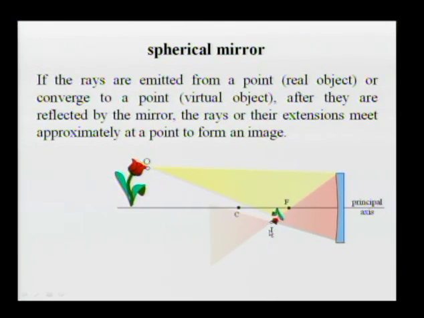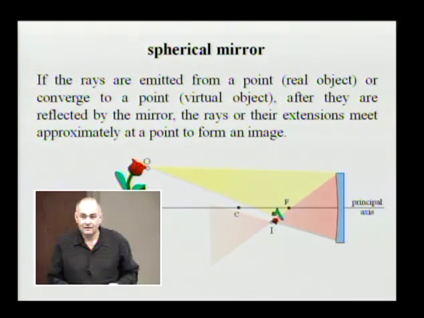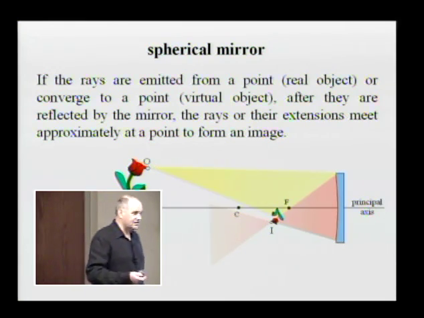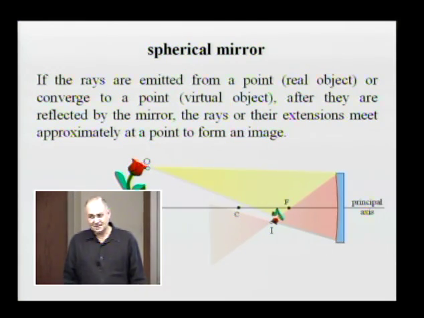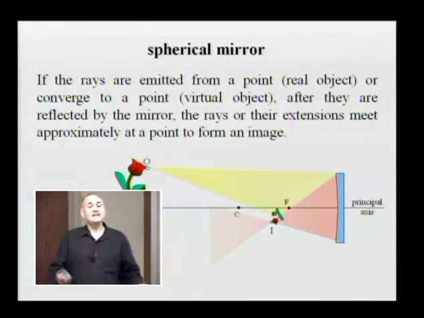By the way, is the image going to be real or virtual? Why? What did you say, Oscar? Actually, it is real. The image is real when the rays themselves meet at a point.